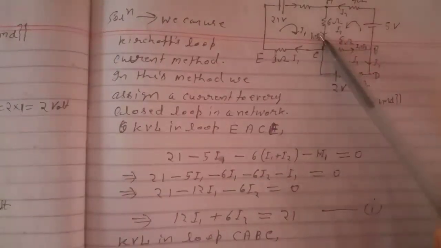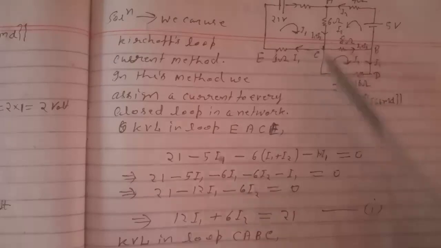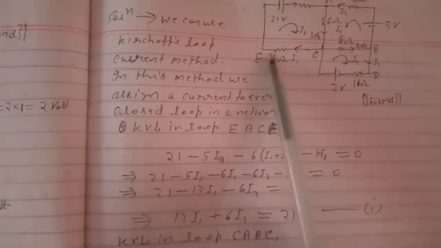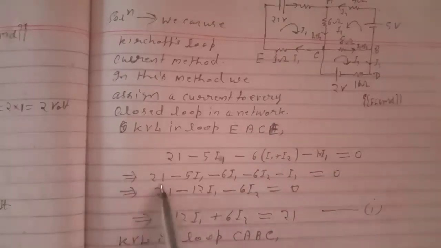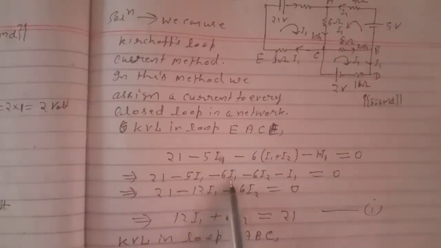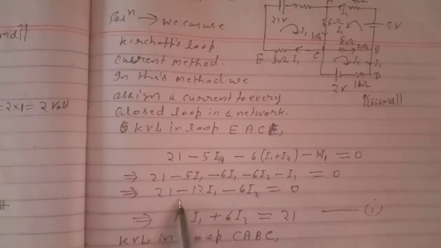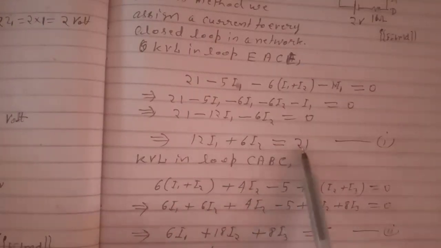Again in this, I1 plus I2 current is flowing, so minus 6 into I1 plus I2. Again in this I1, so minus 1 into I1, equal to 0. So 21 minus 5 I1 minus 6 I1 minus 6 I2 minus I1 equals 0. This implies 21 minus 12 I1 minus 6 I2 equals 0, so 12 I1 plus 6 I2 equals 21.